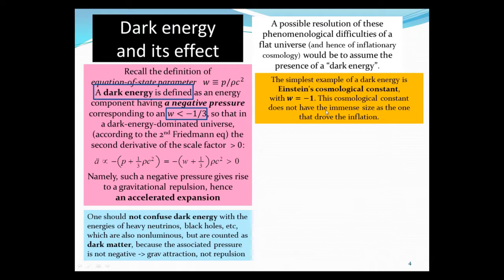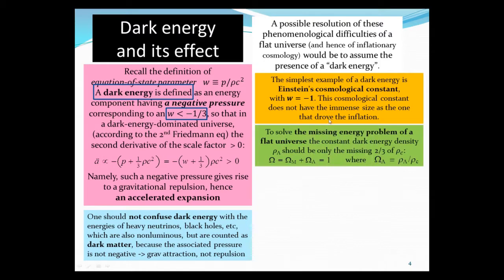This cosmological constant also does not have the immense size of the one that drove inflation. That one was a huge value, but here we need the cosmological constant to solve the missing energy problem of the flat universe. So the dark energy density should just provide the missing two-thirds of the critical density, because the matter plus dark energy together should be 1.